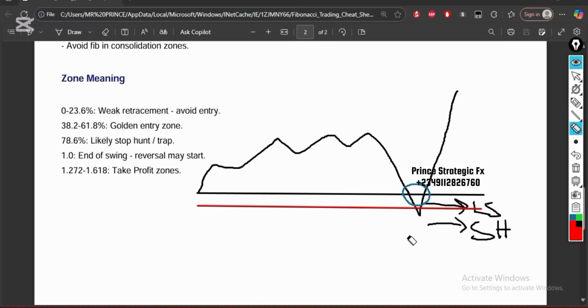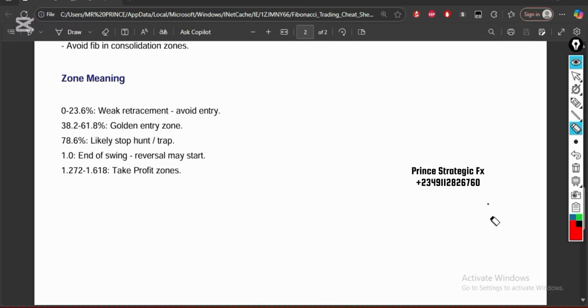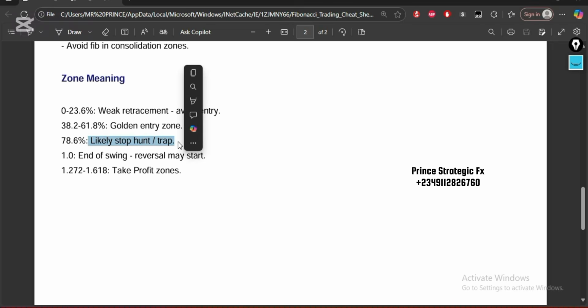So these Fibonacci settings will help you know exactly where a stop hunt or liquidity sweep is about to happen. It will also help you understand the end of the swing, where a reversal ends and where it may start, and where to take profit, your profit zones.